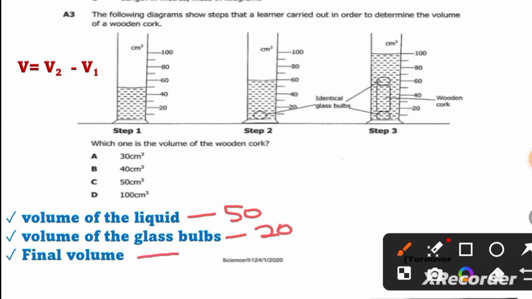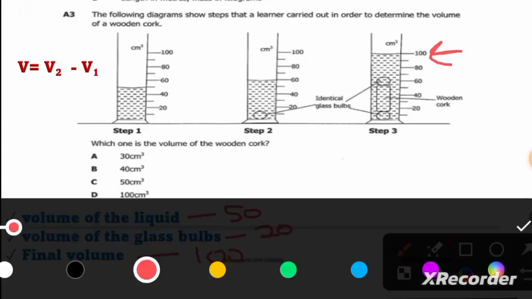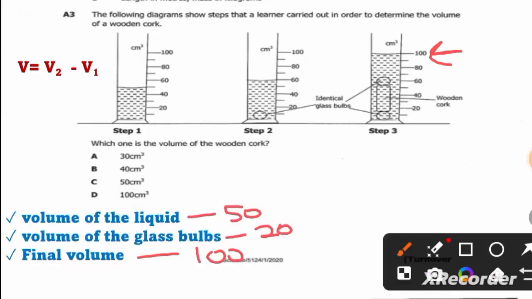Then the final volume, which is showing 100. We are going to combine these two volumes, and they will give us volume 1. Then 100 is our volume 2.